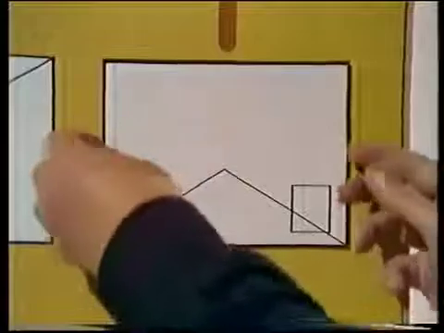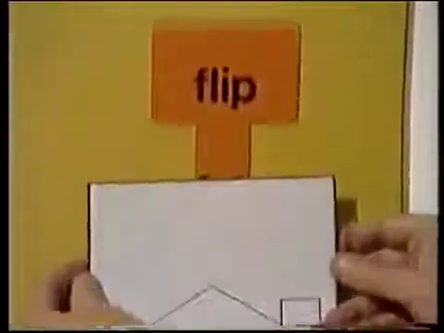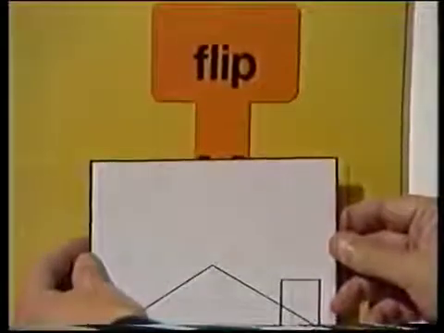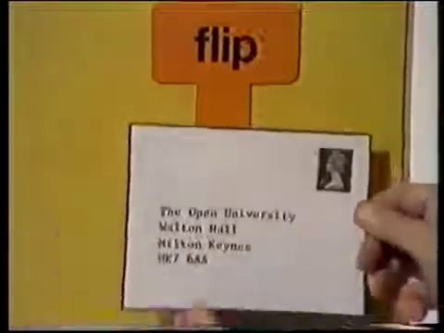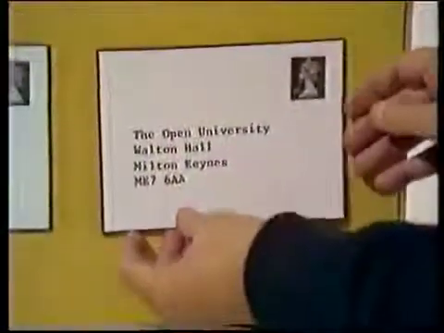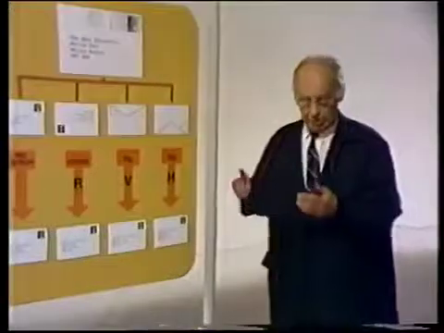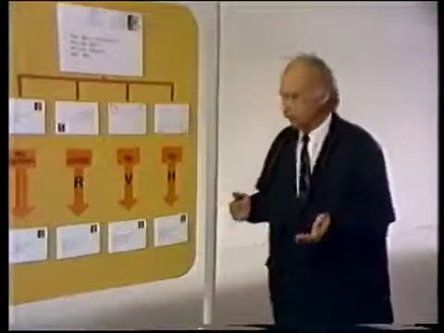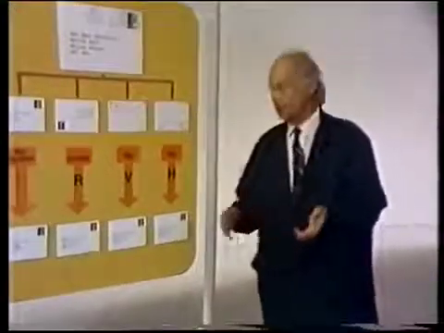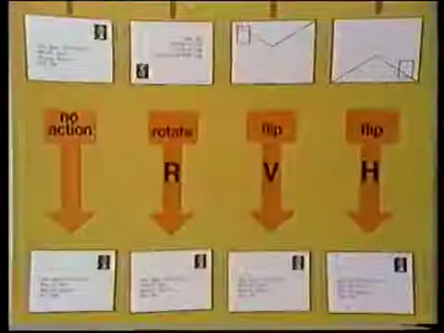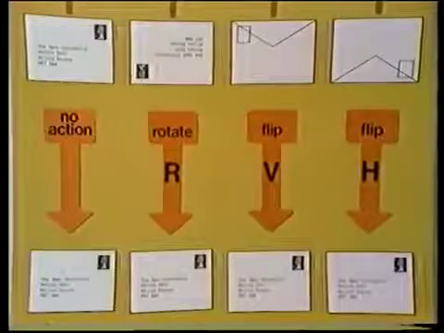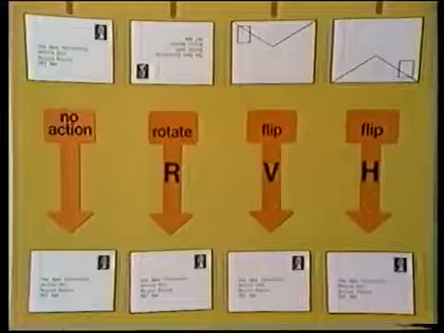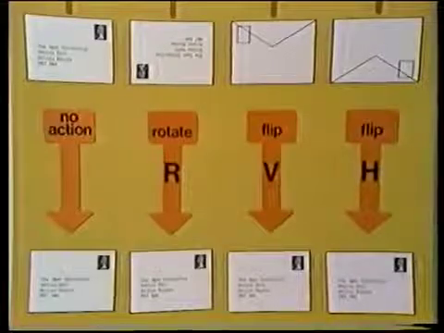Again, a flip. This time, a flip about a horizontal axis. So there we are, 4 actions defined, each of which puts a wrong position right, except the first one, which does nothing. Now, we have flip H, flip V, rotation R, and no action.